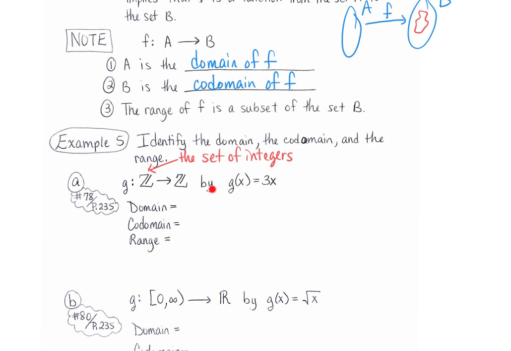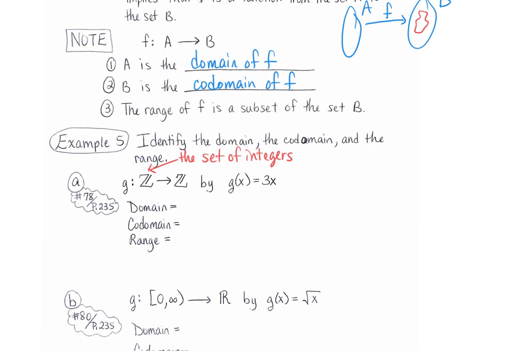This is defined by G of X equals 3 times X. So X can be any integer. We multiply that integer by what? 3, right? So no matter what you get out of this, it's going to be a multiple of 3. Very good.